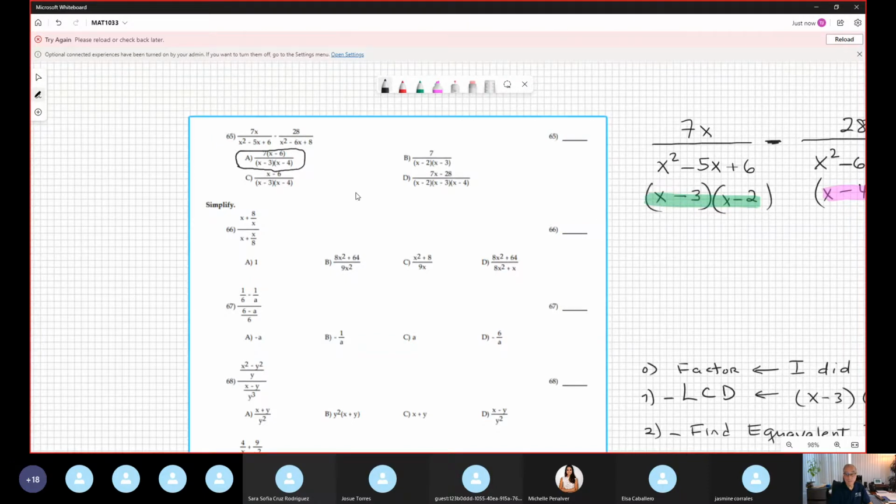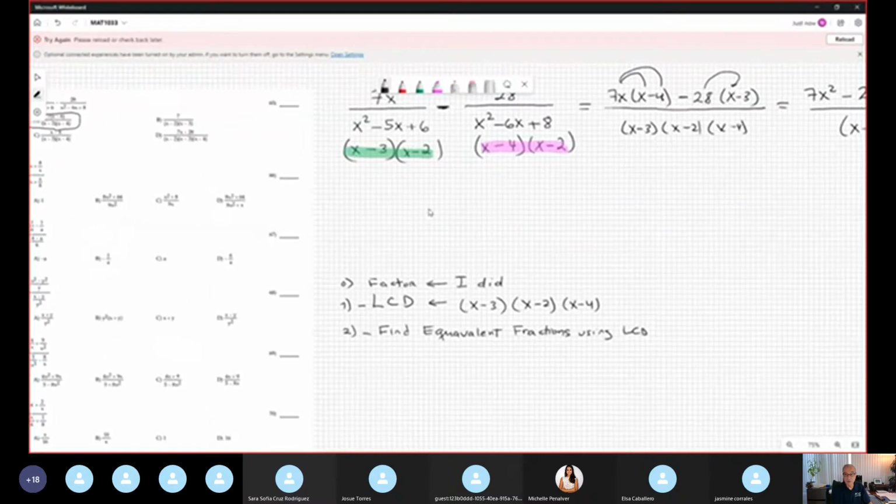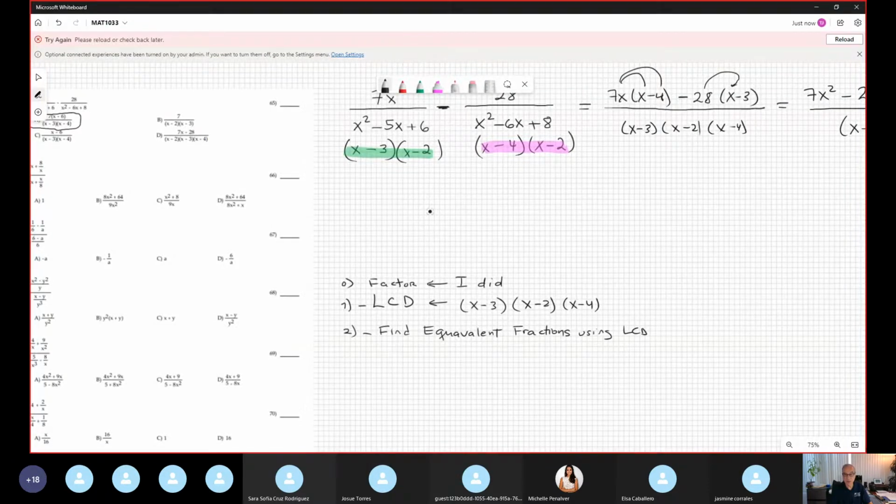Let me recap. What were the steps I am doing in this problem? Number 1, factorization of any expression in the denominator to be ready to discover the LCD. Step 0, step 1 LCD. Step 2 equivalent fractions. Step 3 algebra. What kind of algebra?